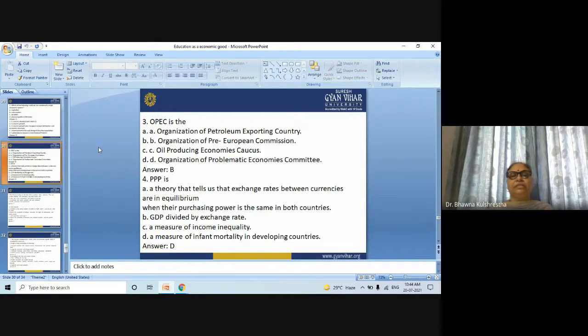The right answer is organization of pre-European Commission. This is the right answer of this question.